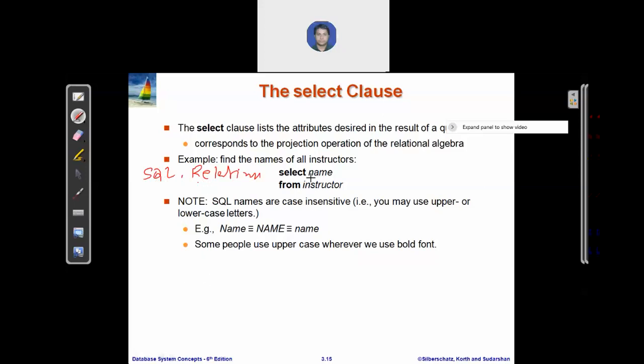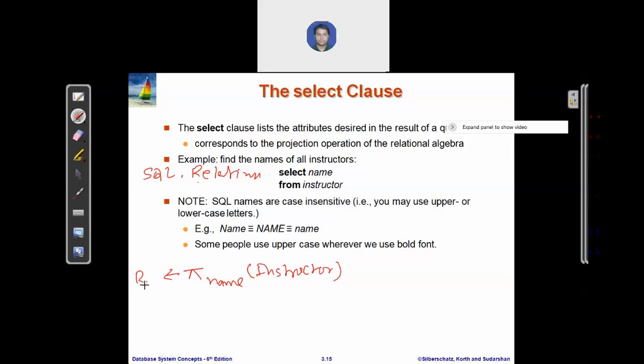Suppose you write the same query in relational algebra: project name from instructor. This query removes duplicates.